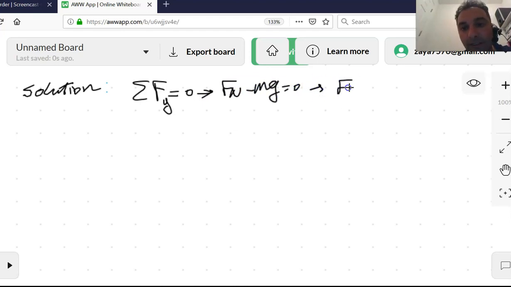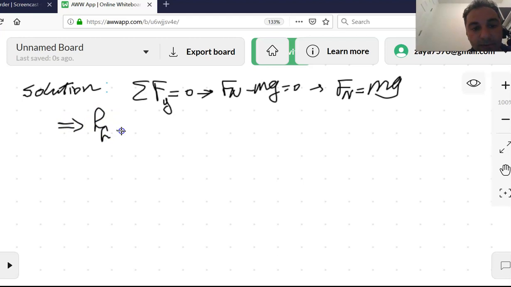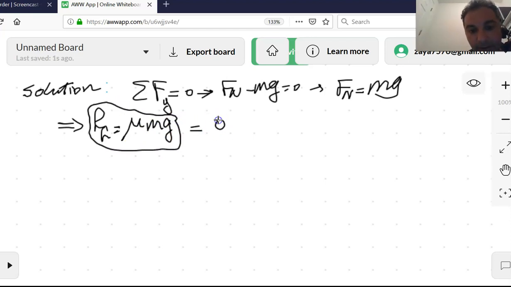So finally Fn is equal with mg, and therefore friction force is equal with mu mg.